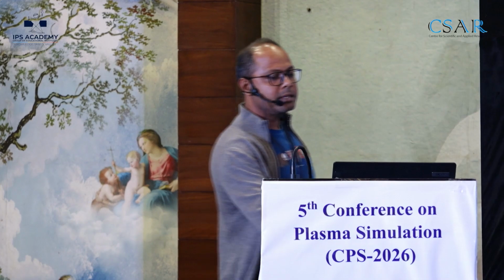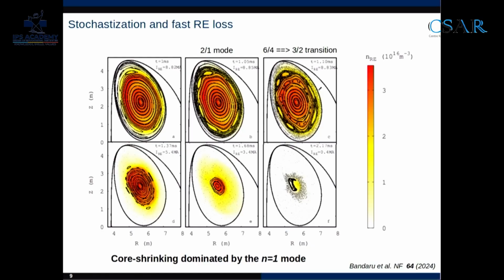The color that you see is the density of the runaway electrons. Red means you have a lot of runaways. So clearly you see that over the duration of the nonlinear phase, nearly most of the runaway electrons are lost. This is a good sign because this paves the way for benign termination, which means that it is no more a beam, it is getting spread out, so to say.